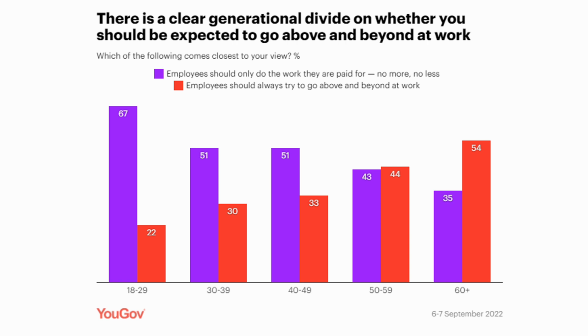either group, right? So I'm sure that people who are 60 and over are saying you should go above and beyond. You should make sure your employer knows that you're a good employee, because that's how you move up in the company, and that's how you blah, blah, blah. I would argue that maybe younger people are a little bit more cynical, because we all know that everybody can't move up, right? Not everybody can be a manager. And maybe also younger people want a little bit more work-life balance.